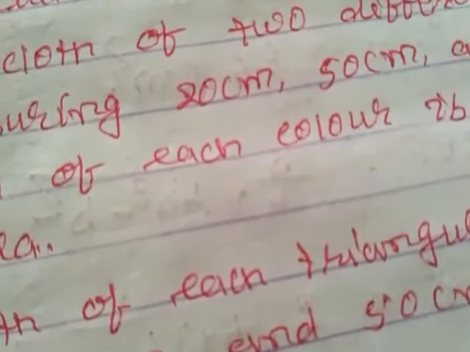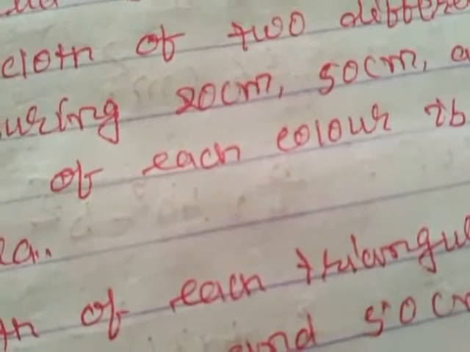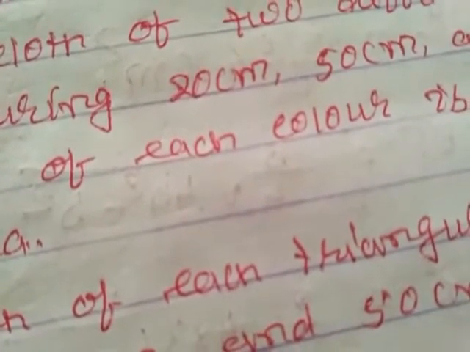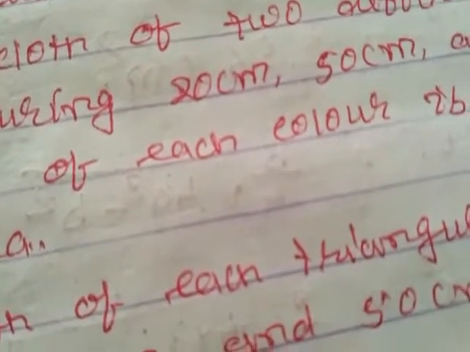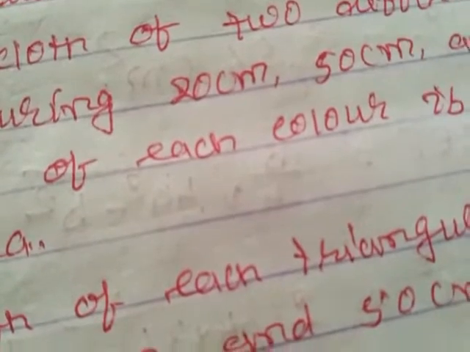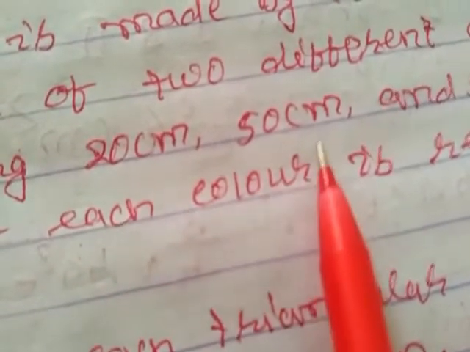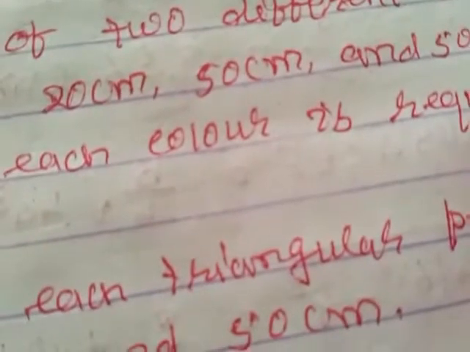Children, in this question there is an umbrella having 10 triangular pieces, and the cloth of the triangular pieces are of two colors, and the size of each triangular piece is 20 centimeter, 50 centimeter and 50 centimeter respectively.